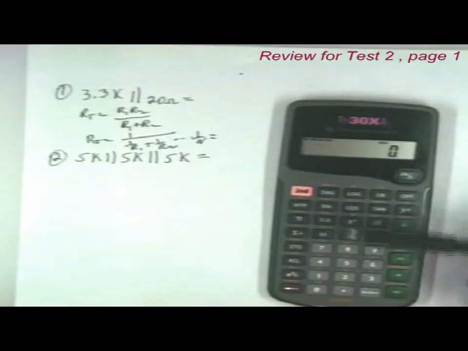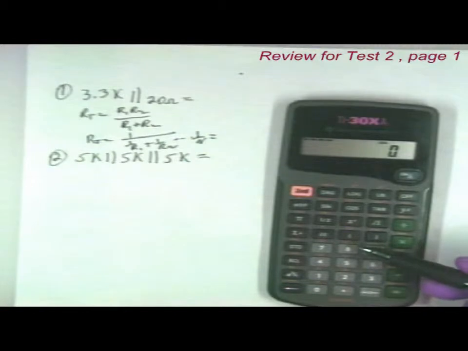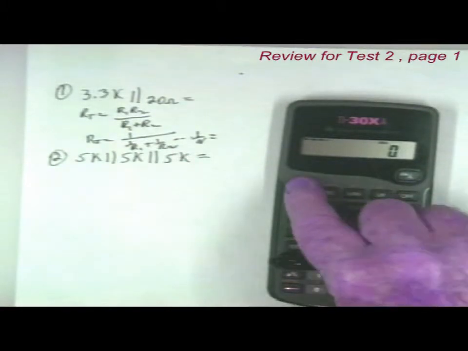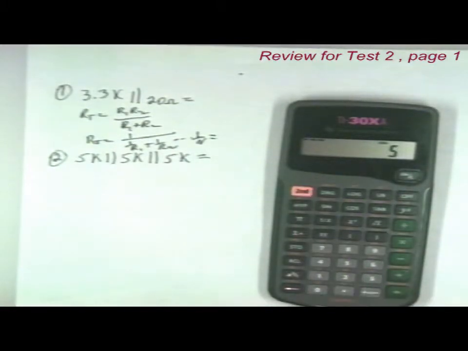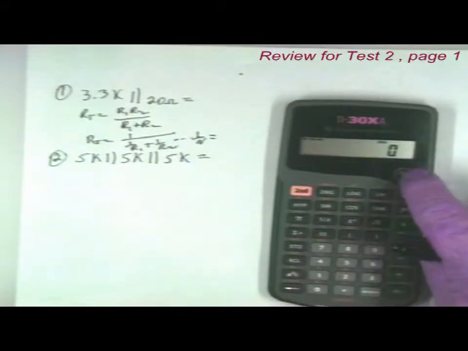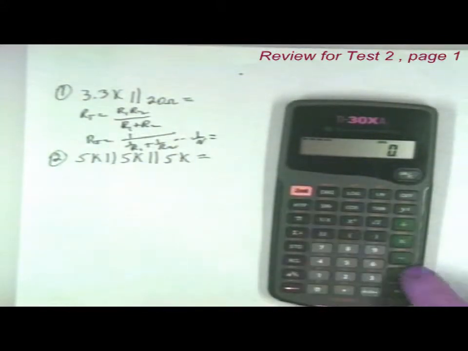Now, the keys are printed with certain numbers and certain things like the cosine or the sine. In order to get to the other functions that are printed on the body, for example, here it says SCI underneath the 5, we have to hit second, and we hit scientific notation. Whoops, let me clear that. We hit second, and we go into scientific notation.